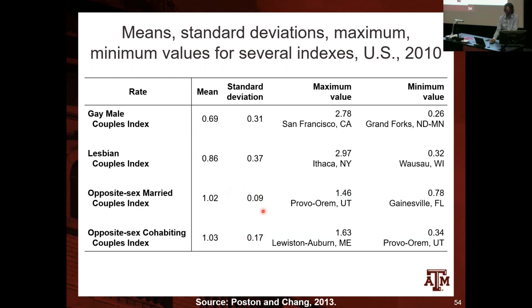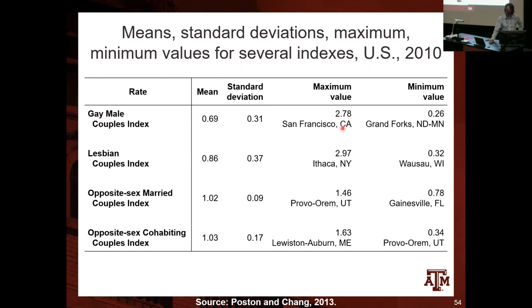They don't vary as much compared to the variation that you see across metropolitan areas in terms of location of gay and lesbian couples. So what's the minimum and maximum value for these ratios for each one of these types of family partnering across these metropolitan areas that they analyzed?